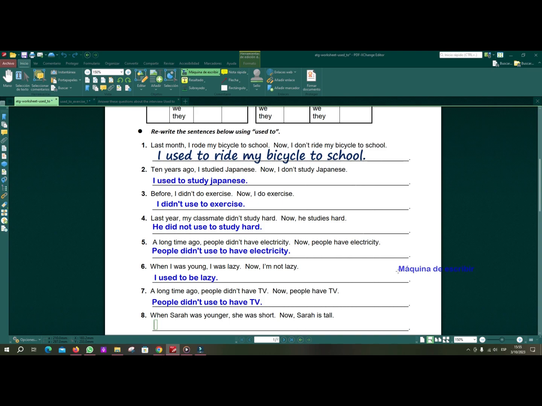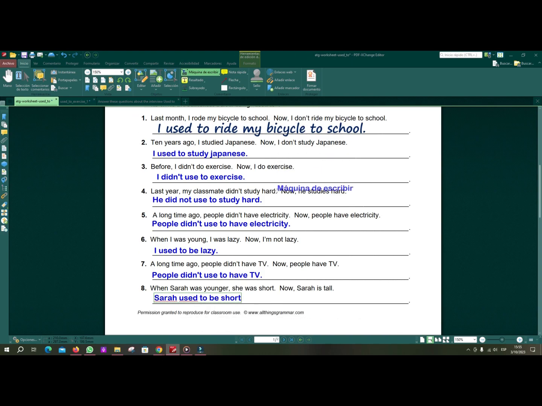Which would be the answer? Sarah used to be short. Nice. So when Sarah was younger, she was short. Now Sarah is tall, right? So Sarah used to be short. Don't forget the pronunciation of that. Didn't used to and used to, right? That is simple past there. Okay, perfect.